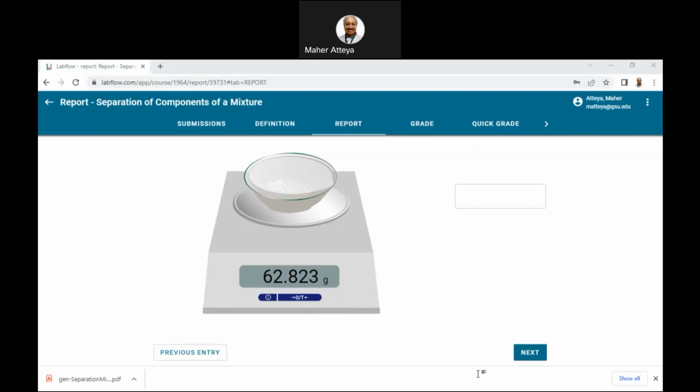Okay, so it is, guys. This is after heating. This is our salt, and the amount is 62.823.